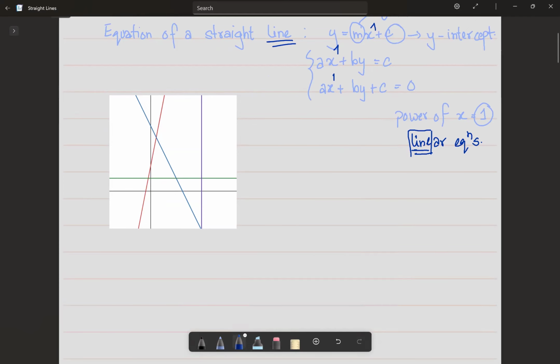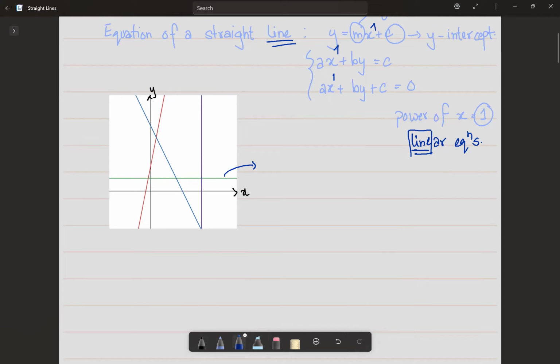Our straight lines look like any of these 4 types. If we take a closer look, this is the y-axis and this black line is our x-axis. All of these lines are ways in which a straight line can be drawn. In the first line, the green line, there is no steepness at all.